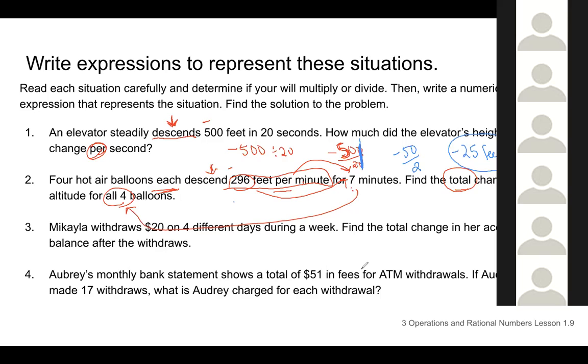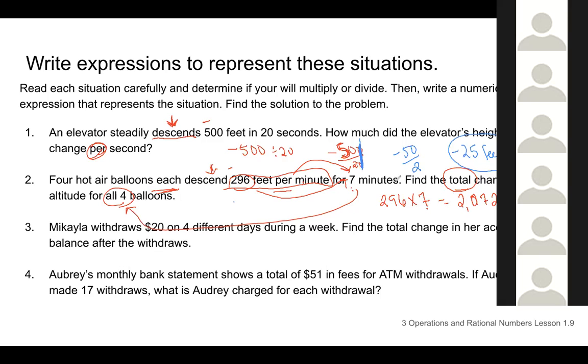So the first part is 2,072. That's 296 times 7? Yes, 296 times 7, and you got 2,072. Okay, 296 times 7 is 2,072, and then we have to multiply that by 4.